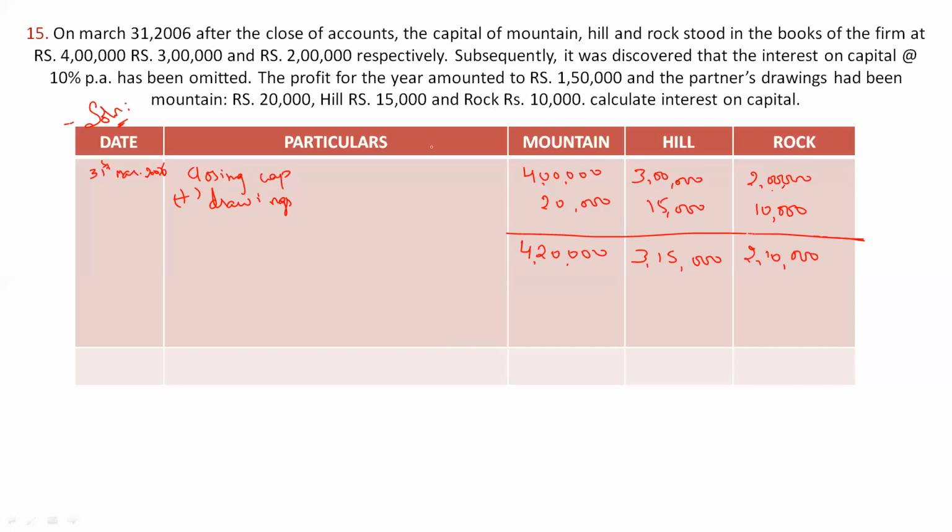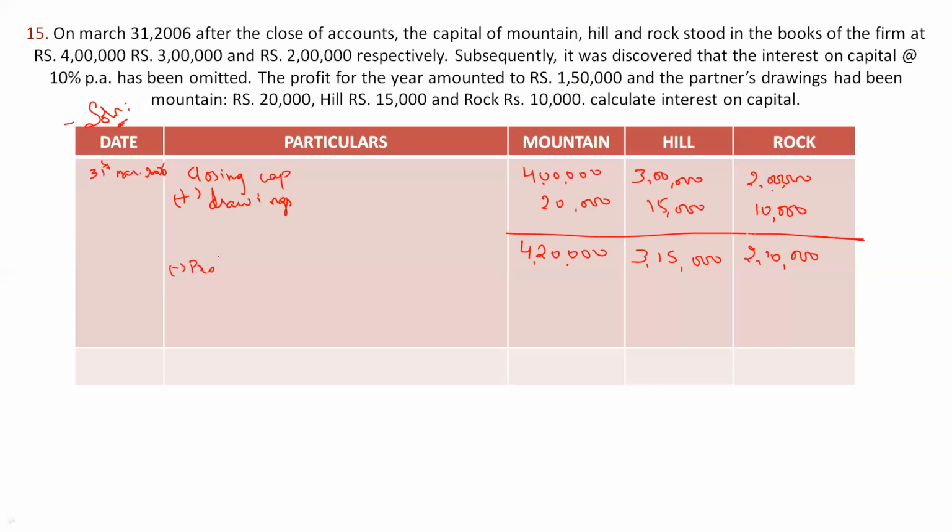Now we also have profit in this problem. Profit is given, but profit for the whole firm is given. This profit will obviously be distributed among the partners, right? The ratio of distribution of profits is not given here, so we would assume that they are distributing it equally. Now if we have profits we have to deduct it here. In the balance sheet we add the net profits, but here let's deduct it.